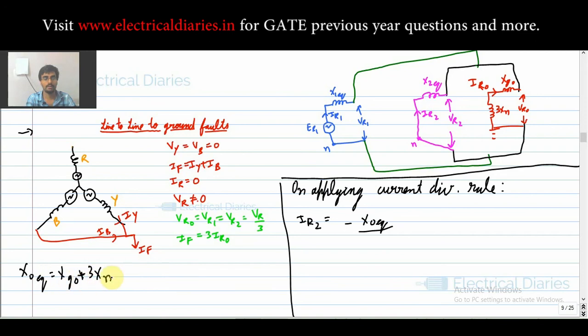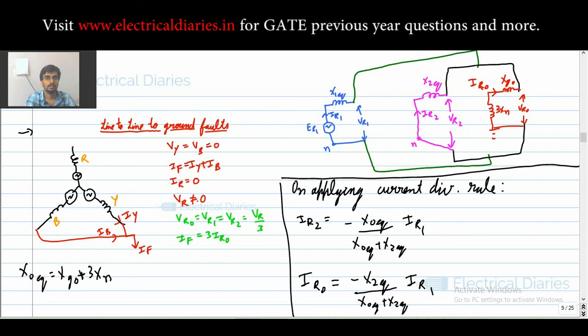You put the value of Xn according to the grounding considered in the question. It is negative because I have assumed these directions. Similarly, IR0 will be given by minus X2 equivalent divided by X0 equivalent plus X2 equivalent, into IR1.